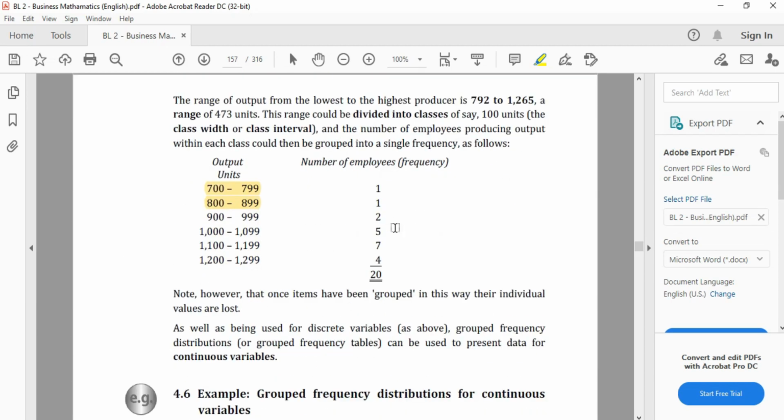However, you represent that with bands or ranges where you divide them into equal class widths or class intervals. That means your range must be the same in every range, because the range here is 99 units. Here also the difference is 99 units. Here also 99, here also 99. Likewise, everything has a gap of 99.